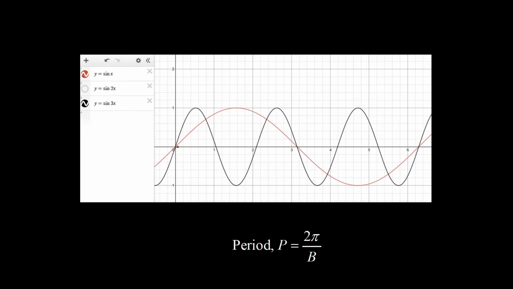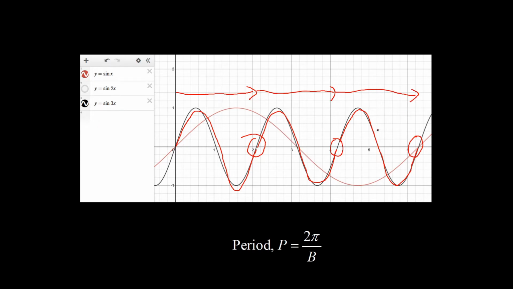Now notice with the black line, here's one period, and then here is a repetition, and here is another repetition. In other words, there are 3 repetitions of the black line for one red line.